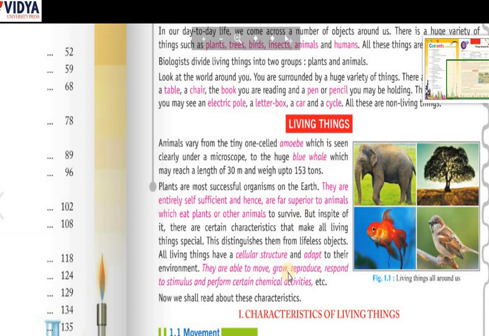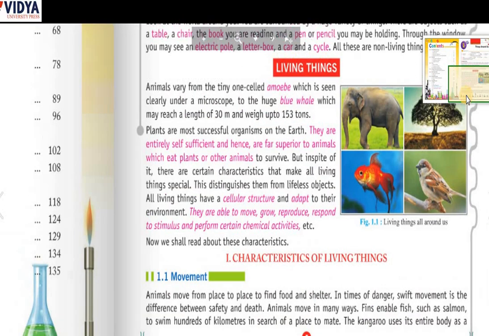Now let's see how one will be able to differentiate between living and non-living things. How can I say that this particular thing is living or not? So we must know what the characteristics of living things are.